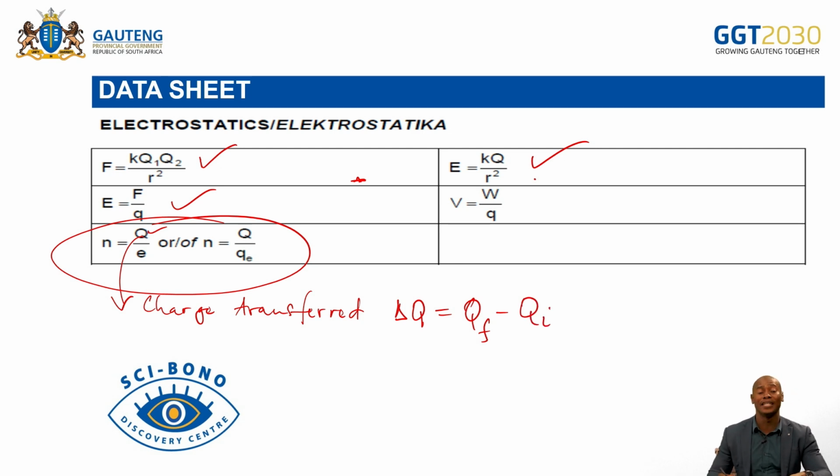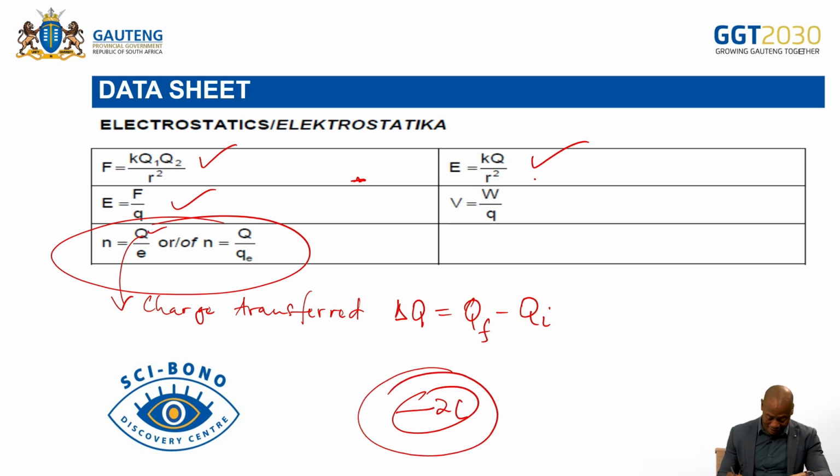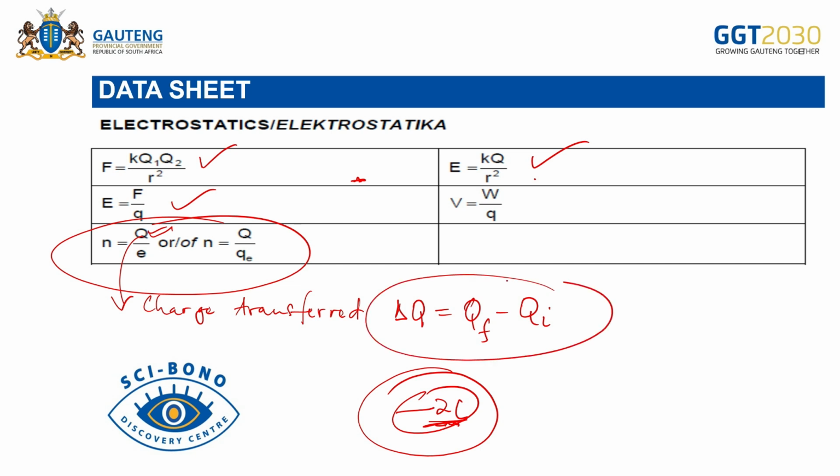Unless you are asked to calculate the number of excess electrons, where you are just given a negative sphere, maybe they're saying it's 2 coulombs, and they want you to calculate the number of electrons in excess. Obviously, this Q will be these 2 coulombs, right? But if charges are brought into contact and separated, this Q will be the charge transferred, right? How to calculate the charge transferred is Qf minus Qi.